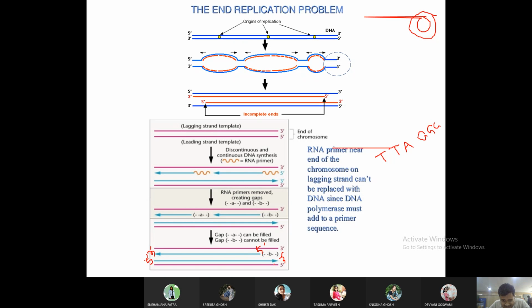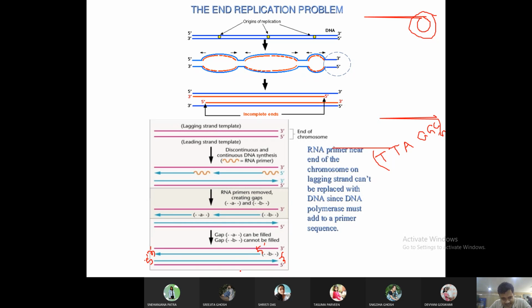At these regions we don't have any other sequence, only this repeated thousands and thousands of times. So if some portion of this sequence goes also, we don't have any problem, unless the entire thing goes. Correct or not? Yes, sir.